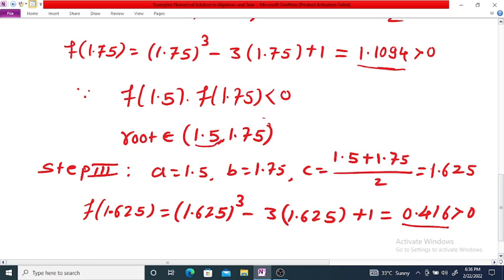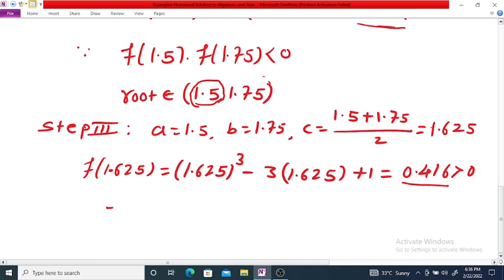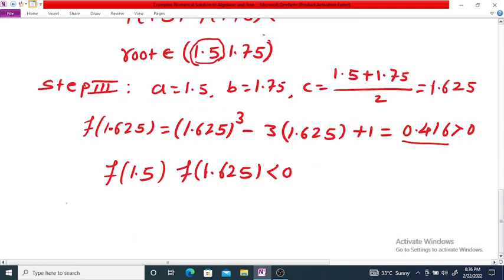In the last interval, f of 1.5 is less than 0, and therefore for the next iteration the root-containing interval is f of 1.5 and f of 1.625 is less than 0, and therefore by the location root theorem our root lies in the interval 1.5 and 1.625.